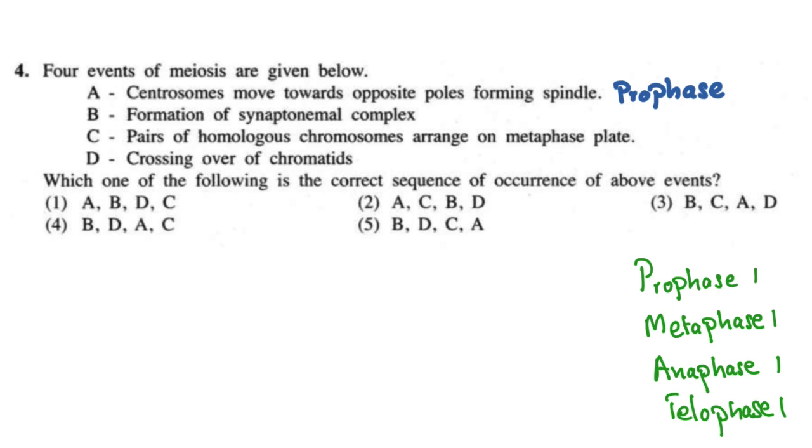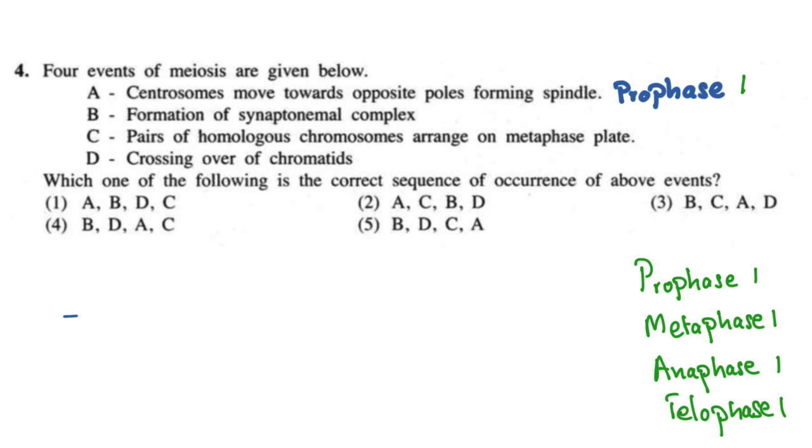So A occurs in prophase 1, and B, formation of synaptonemal complex. So what's this synaptonemal complex? The synaptonemal complex is a complex of proteins between the homologous chromosomes. So they form a complex, and that tight pairing of the homologous chromosomes is called the synapsis.